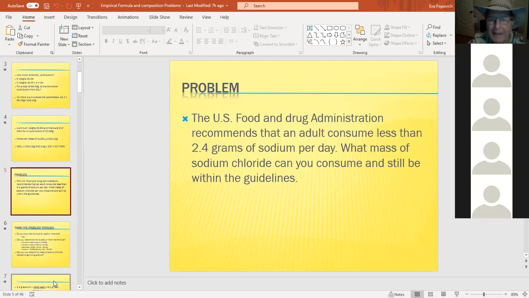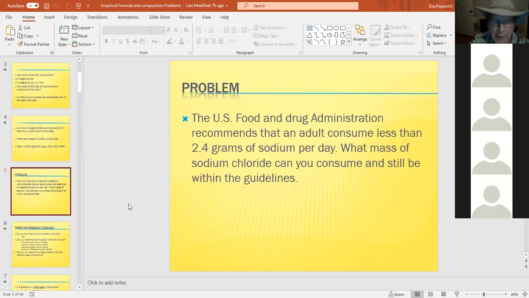Okay, let's analyze the question a little bit. The 2.4 is my part of the whole molecule, correct? So if I find out the percent of sodium within sodium chloride, I've got to find the percent first.